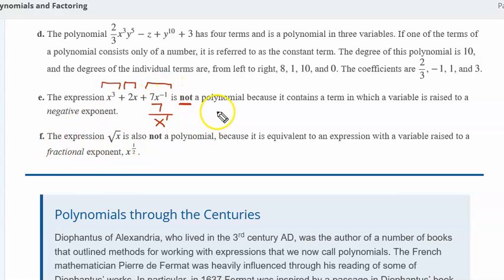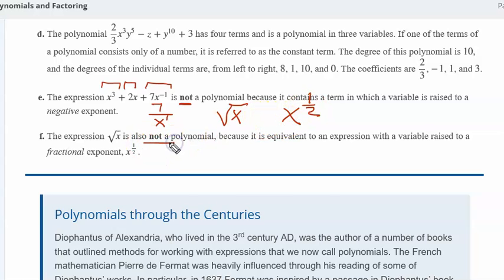Now the expression, the square root of x, would not be considered a polynomial because in its fractional exponential form it would be x to the 1/2 power. So fractional exponents are not considered to be a polynomial.